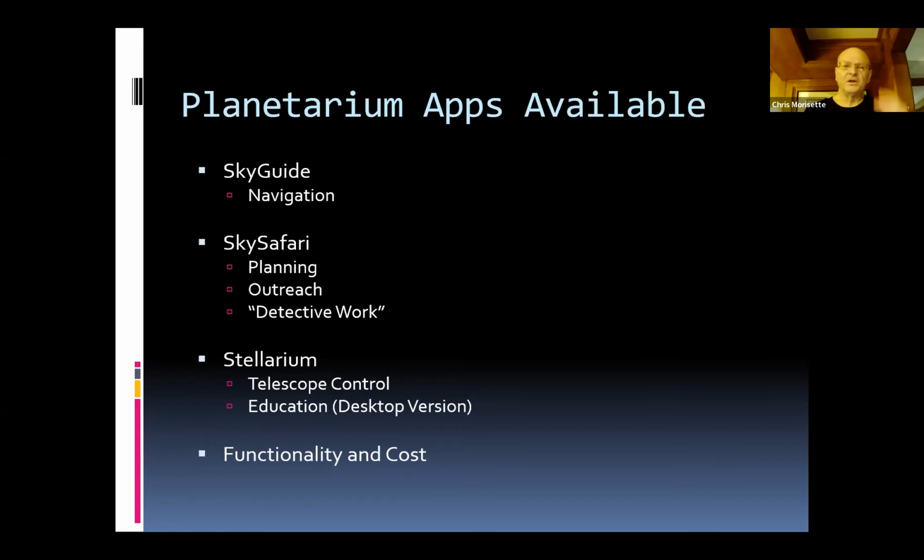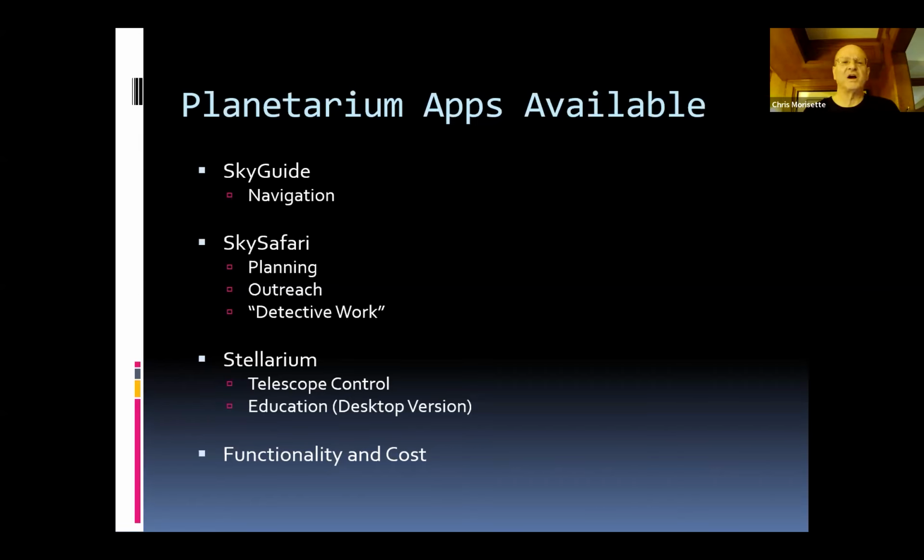So functionality and cost, it's a general broad statement, but the functionality that I outlined on the previous 2 slides, you could pretty much get with just about any of these applications. It's just a matter of what you want to pay for.